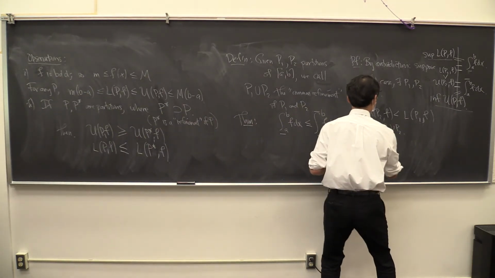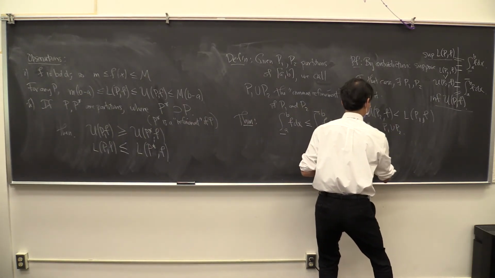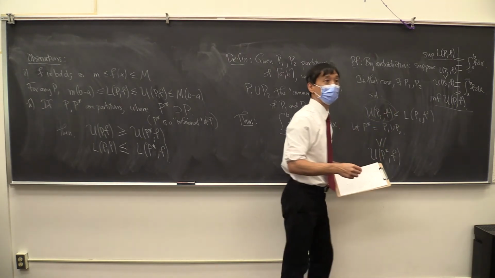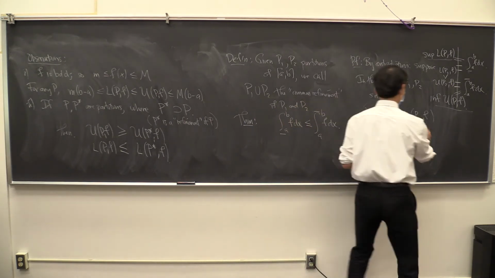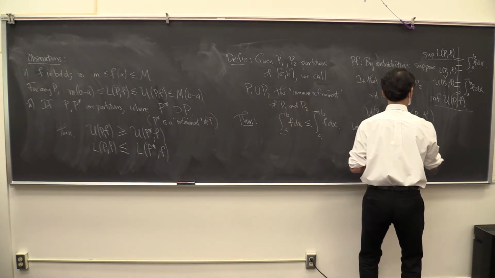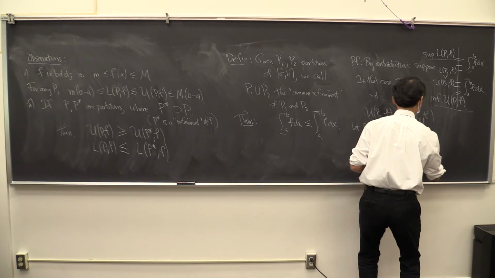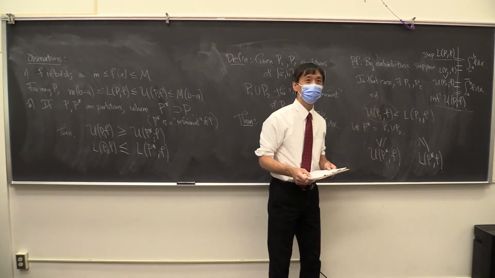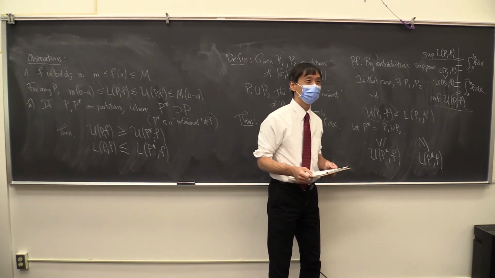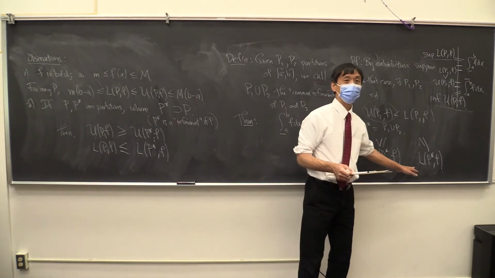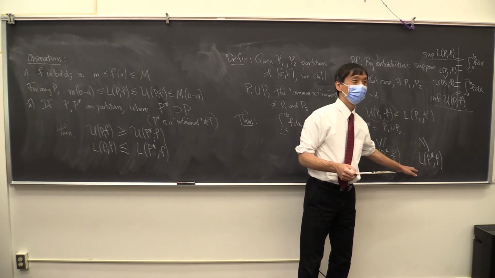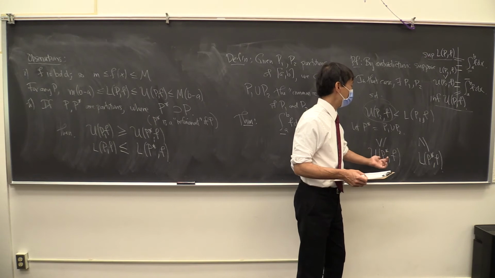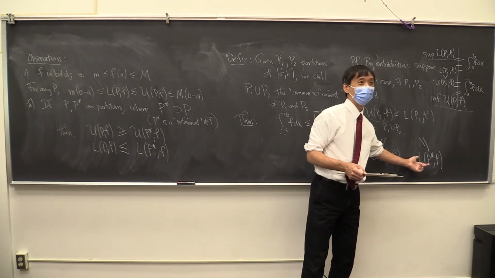So the upper sum of the refinement is going to be smaller than this thing, but the lower sum of the refinement is going to be greater than this thing. So we get this sort of relation. And you see that's the problem, because we would have a refinement where the upper sum is strictly less than the lower sum.